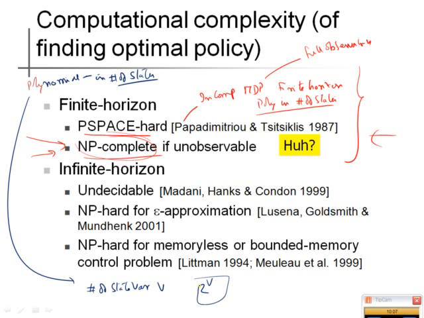Now, one of the interesting things is that if you are using state variables, you're talking in terms of factored representations. In terms of input measured in the number of state variables, consider the deterministic case, deterministic planning with bounded length.